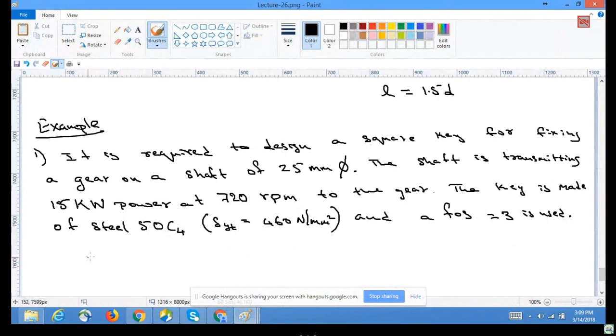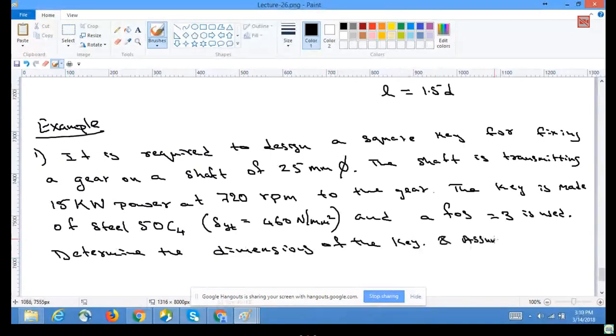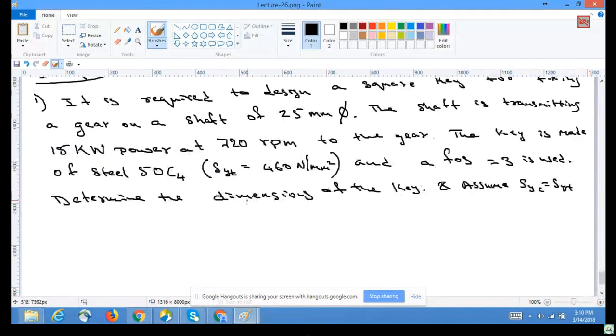Now for this, we need to determine the dimensions of the key and assume SYC is equal to SYT. So for this reason, that means our crushing strength is the same as that of the tensile.